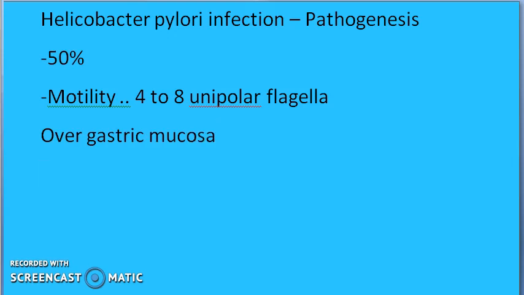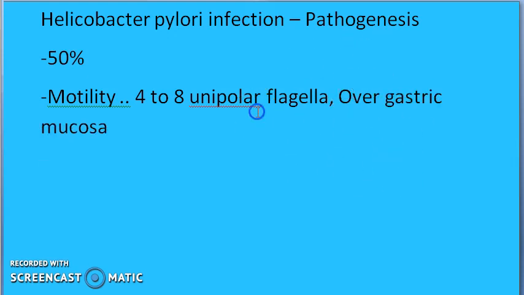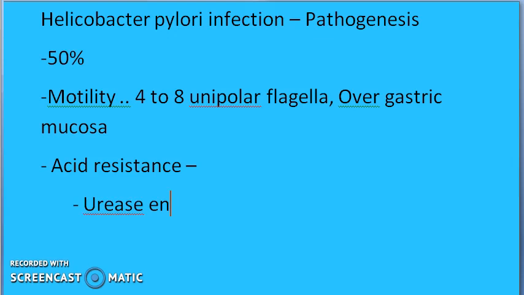Now, one more reason that H. pylori is able to survive in the stomach is because it has acid resistance, which may be due to these enzymes: urease enzyme. Obviously, we have spoken about urease enzyme already, right?